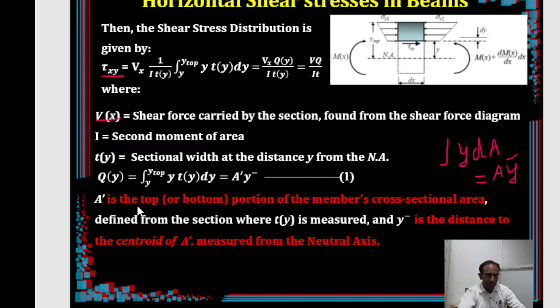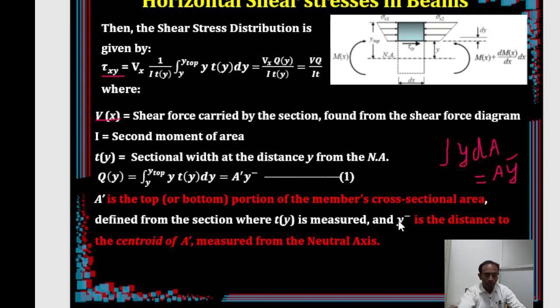So what is this A dash? You can take this section either on the top side or the bottom side. From wherever you take, to the extreme fiber distance, is the top or bottom portion of the member's cross-sectional area. That area we have to take.